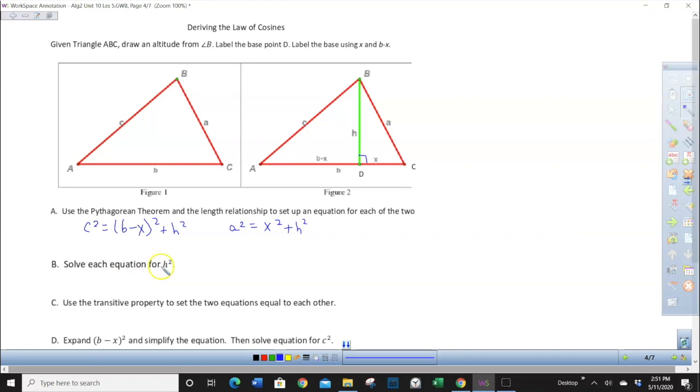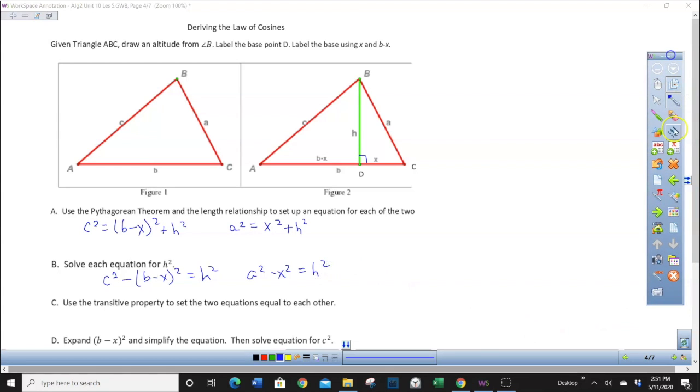Now it says solve each equation for h squared. So on this one, that means moving this to the other side. So that gives us c squared minus (b minus x) squared equals h squared. And on this one, we're going to have to move the x squared over. So that gives me a squared minus x squared equals h squared.